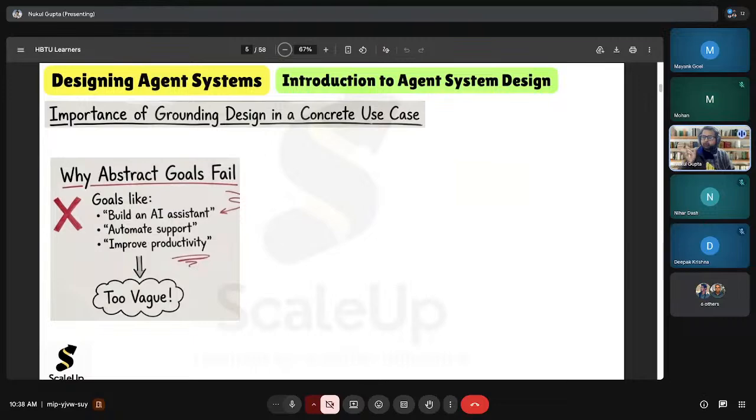The goal should be very well defined and specified, because if the goal is abstract or vague, like build an AI assistant, automate support, or improve productivity, it is too vague, and the AI might drift away from what we are looking for. It might happen.